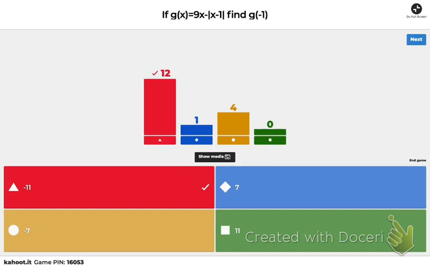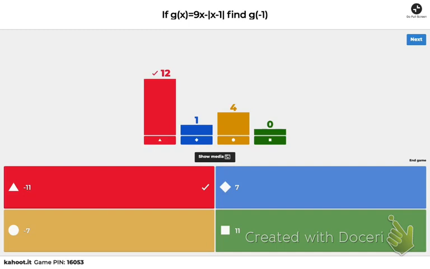Order of operations tells me to do the work inside the grouping symbols first, and that includes absolute values. So this would be 9 times negative 1 minus, what's negative 1 minus 1? Negative 2. Okay. So now g of negative 1 equals 9 times negative 1 minus, what's the absolute value of negative 2? 2.